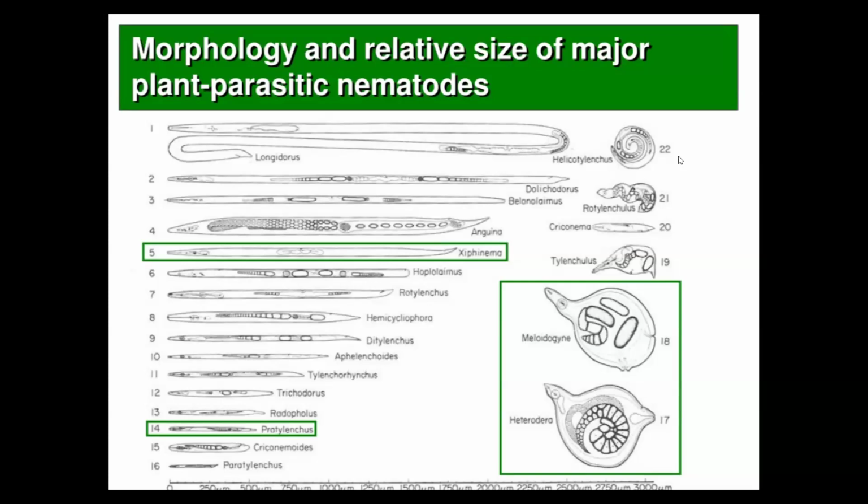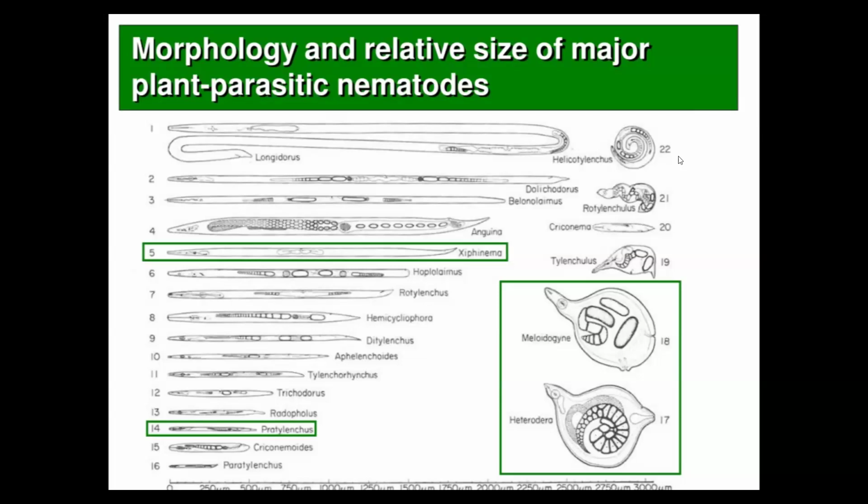So, yes, they are vermiform, but at certain stages of their life, they can take on different forms, or by default, they are that form. Melodogine doesn't start off this way. It is the female that you see there, even Heterodera. That is why I put them in the box. The both of them are females, and it shows that they are pregnant.